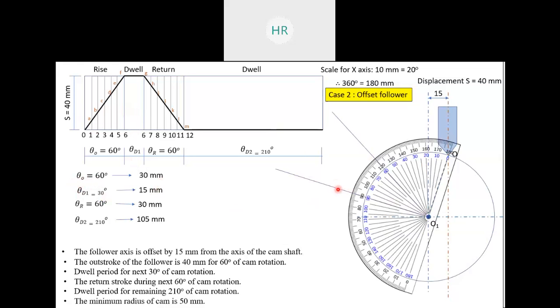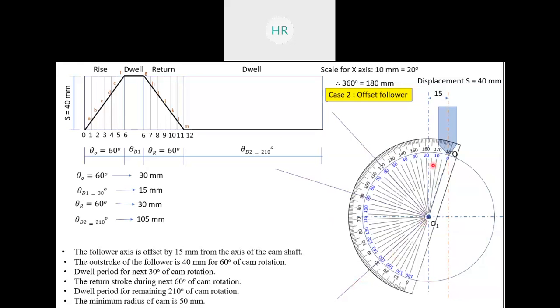Then from this line, we will draw a line at an angle of 60 degrees, because it is given that the angle of return is 60 degrees. So we have marked the angles representing the angle of ascent, then the angle of dwell and the angle of return.